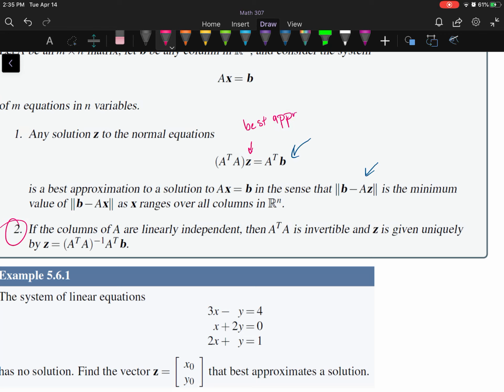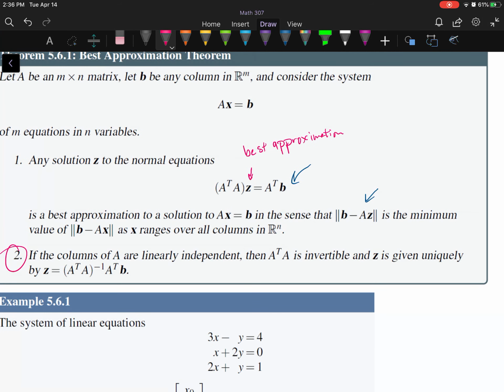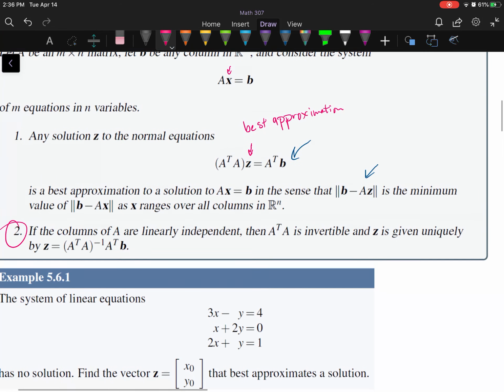Do know that in this section there are a lot of familiar letters thrown around in ways that maybe aren't the way that you're used to seeing them. Here, Z is just the best vector that would fit here, the best approximation. So there's no exact solution here for X. Z is the best approximation.